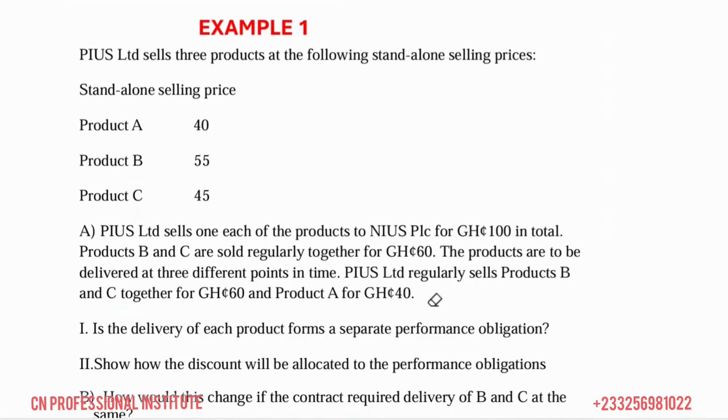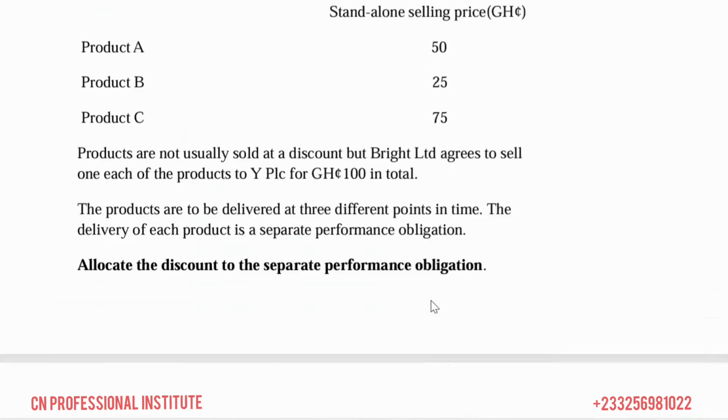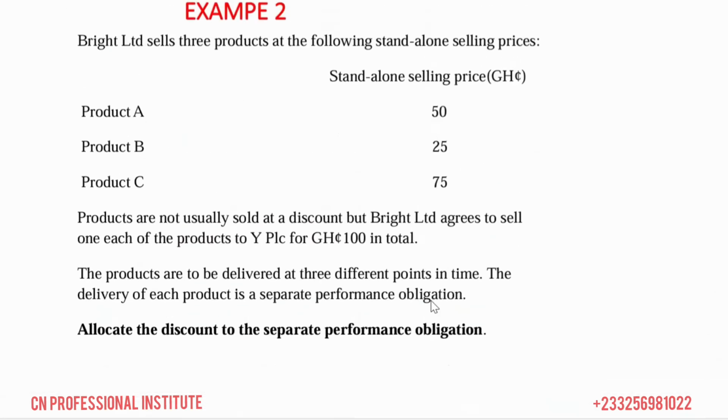Pius sells one each of the products to Niles for 100 cedis in total. Before we solve example 1, let's solve example 2 first, then we'll go back to example 1. Example 1 has a bit of complexity. It's not complexity per se, but you should be able to identify the performance obligation.